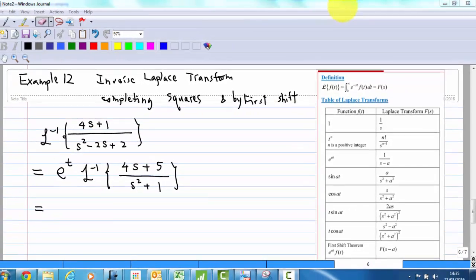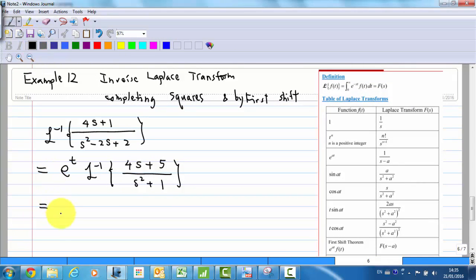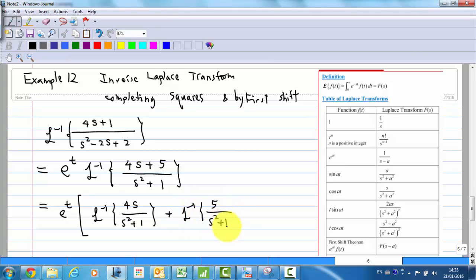This inverse Laplace transform can be written as a sum of two terms. First, the inverse Laplace transform of 4s over s squared plus 1, plus the inverse Laplace transform of 5 over s squared plus 1.